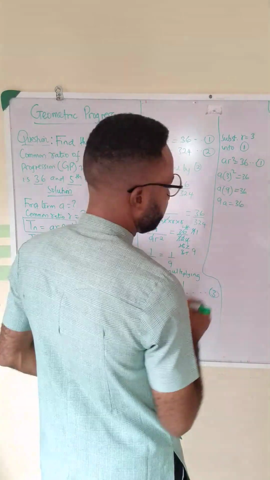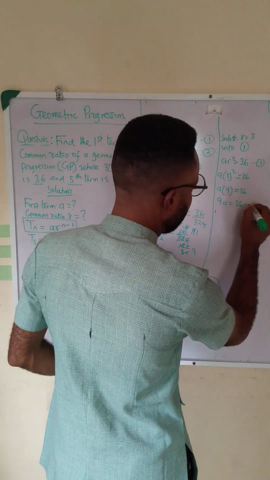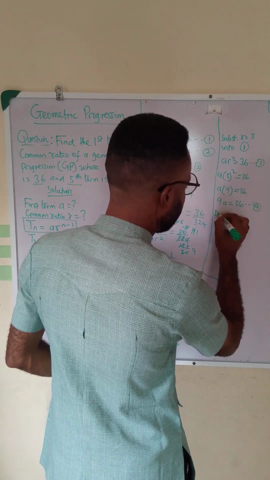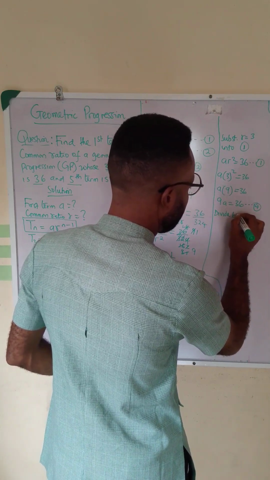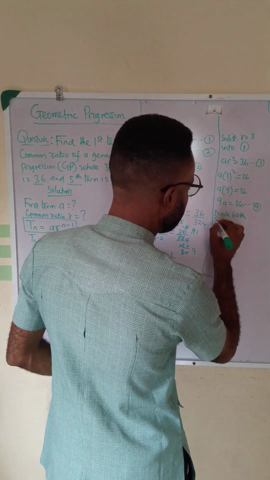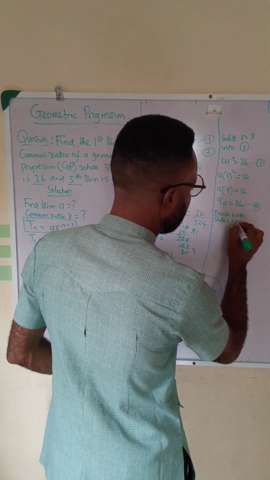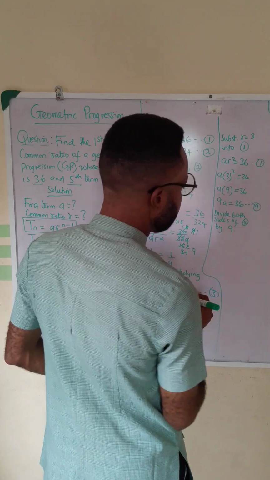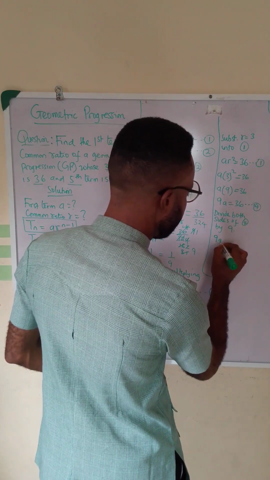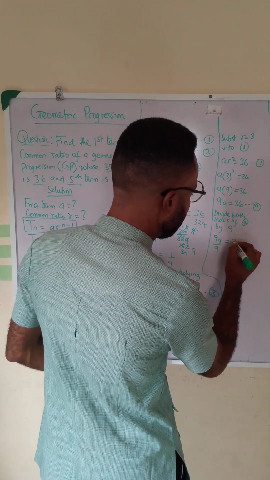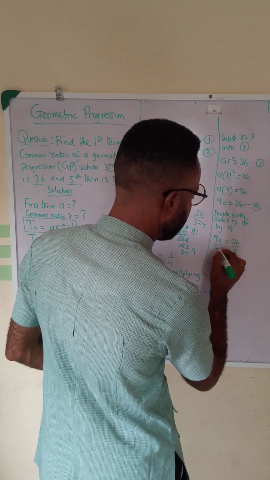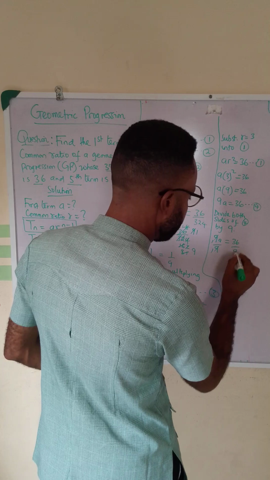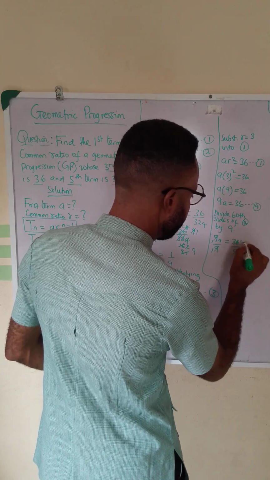We can call this equation 4. Since we are looking for A, we divide both sides of equation 4 by 9. So we are going to have 9A over 9 equals 36 over 9. 9 divided by 9 is 1, and 36 divided by 9 is 4.